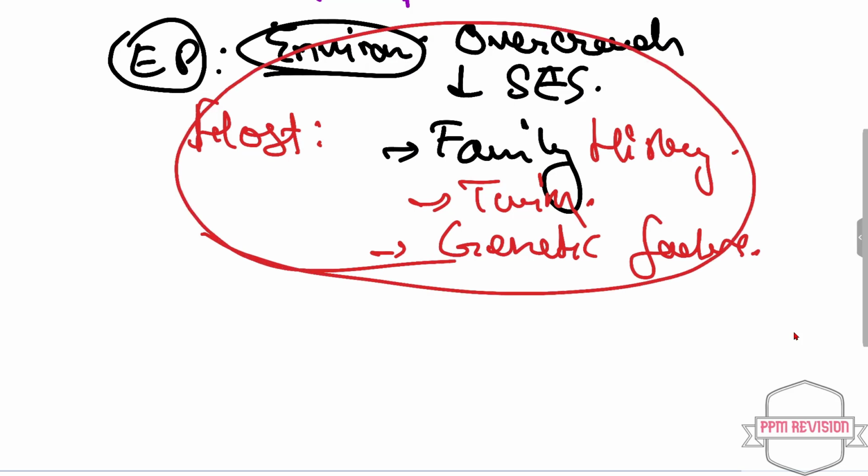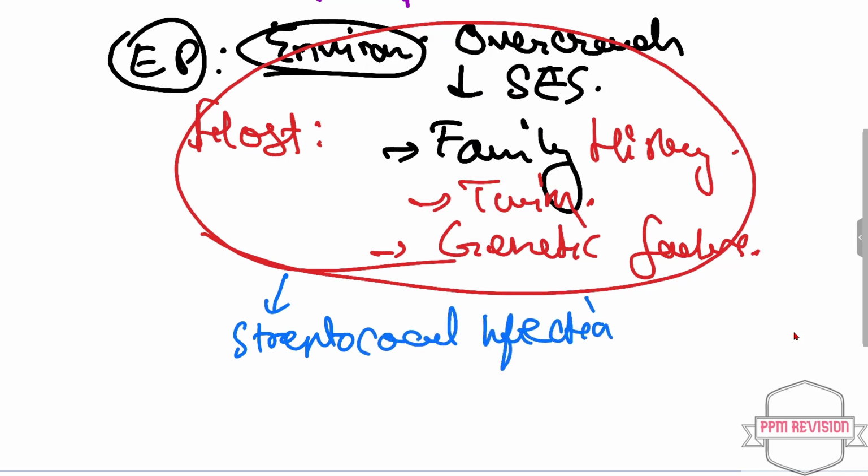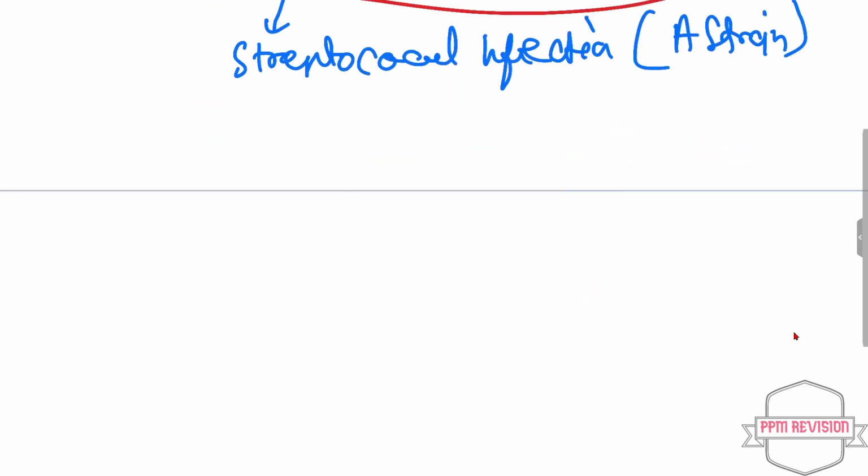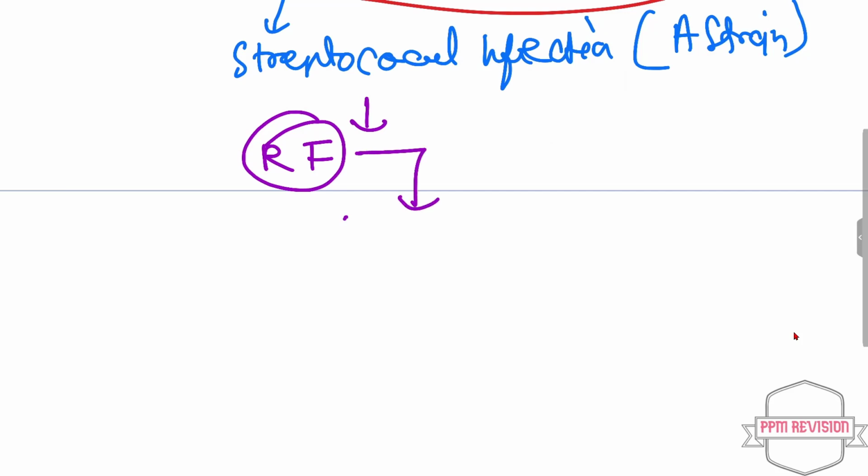These factors contribute to streptococcal infections, mainly with the group A strain, and later it can lead to the attack of rheumatic fever, and can also lead to recurrent rheumatic fever, and finally it leads to rheumatic heart disease.